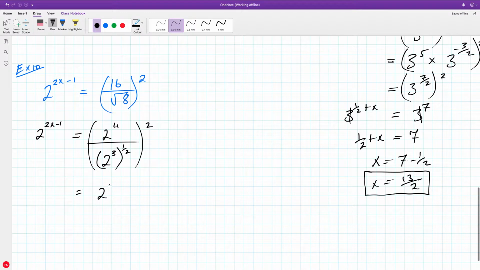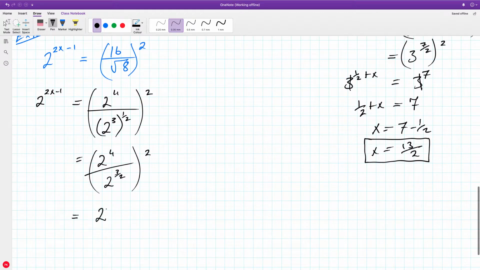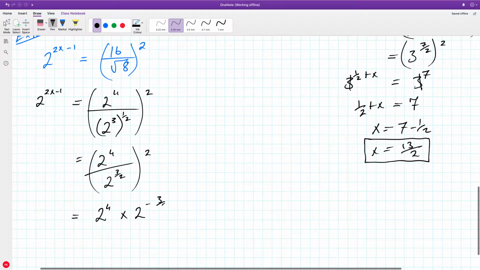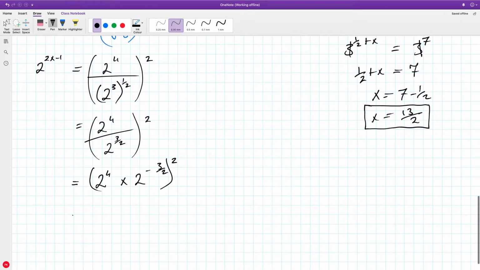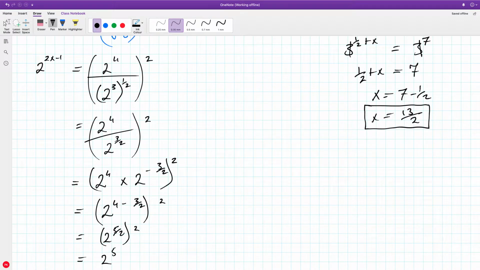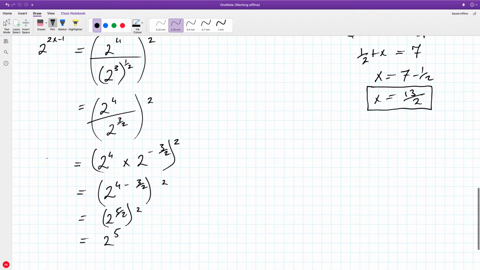That is 2 to the power of 4 over 2 to the power of 3 over 2, all to be squared, which is equal to 2 to the power of 4 multiplied by 2 to the power minus 3 over 2, all to be squared, which is equal to 2 to the power of 4 minus 3 over 2, all to be squared, which is 4 minus 3 over 2, 5 over 2, all to be squared. 2 to the power of 5, power raised to a power you multiply, and that's equal to 2 to the power of 2x minus 1.